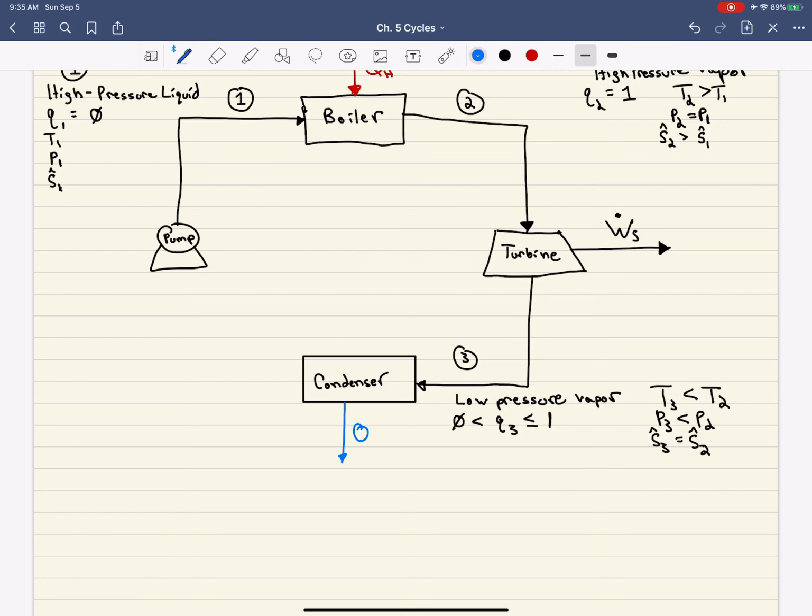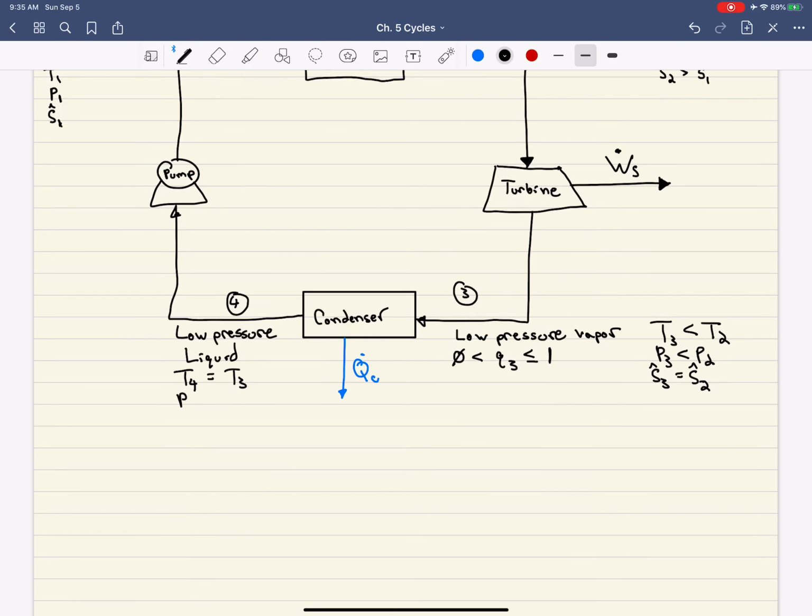So heat is extracted from the vapor, QC. And this cooling then basically just turns that vapor completely into a liquid. Okay. So what we have is a low pressure liquid where this is done isothermally, so its temperature T4 is still equal to T3.